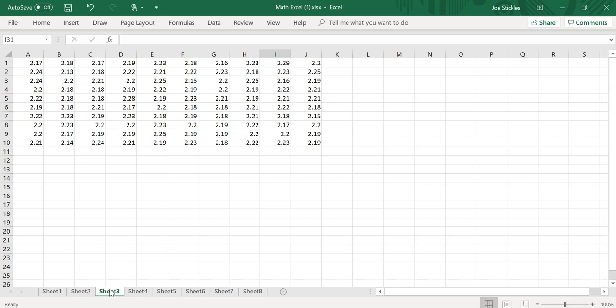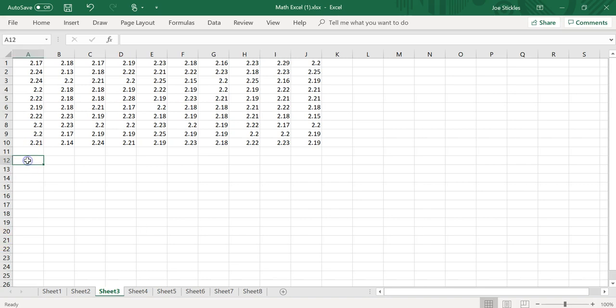The problem in the book says to group the data into 9 classes of equal length with the class boundaries that start at 2.125 and end at 2.145.